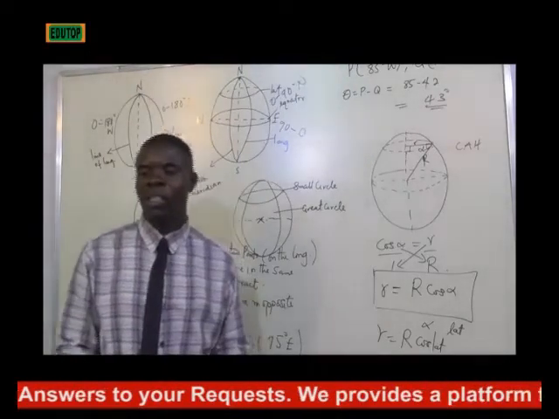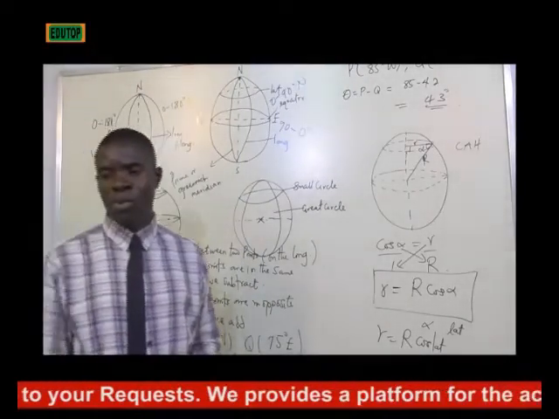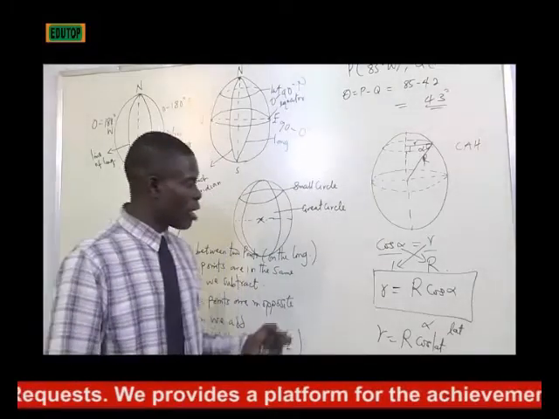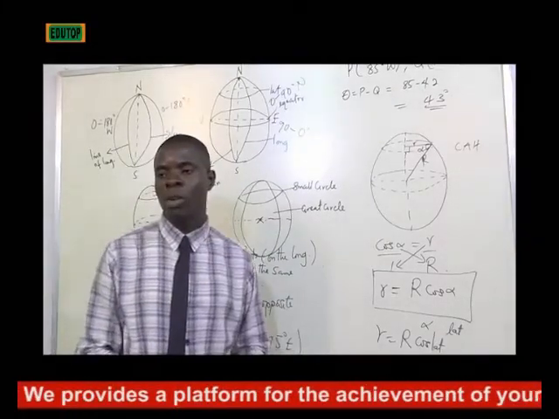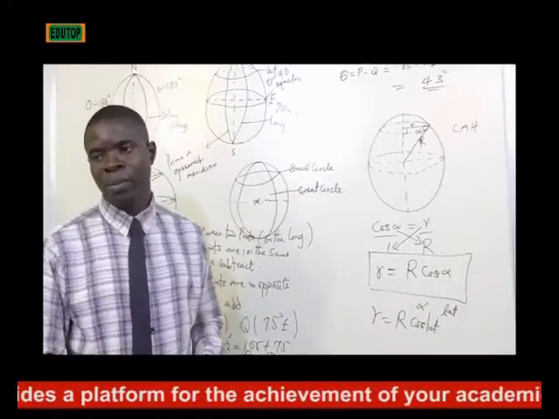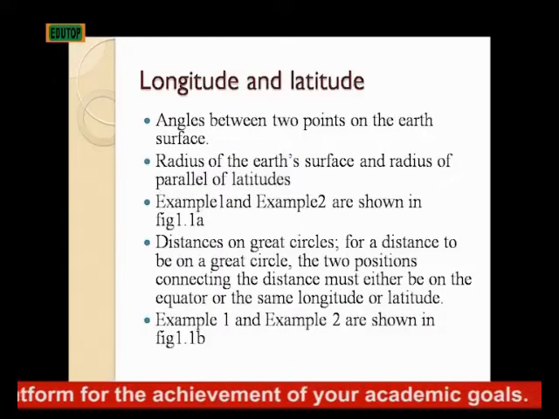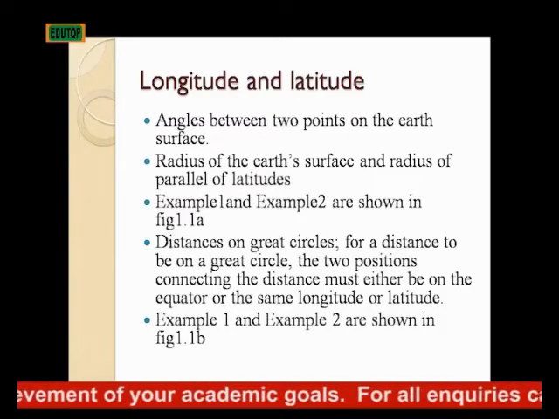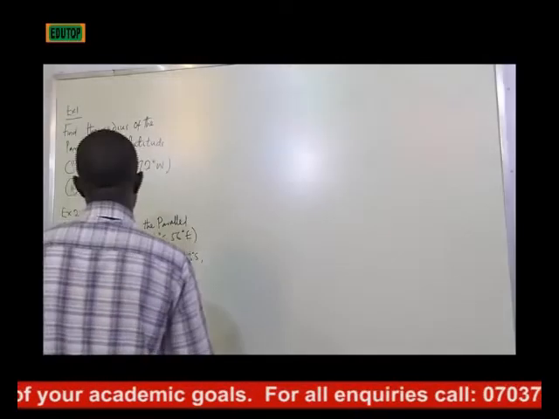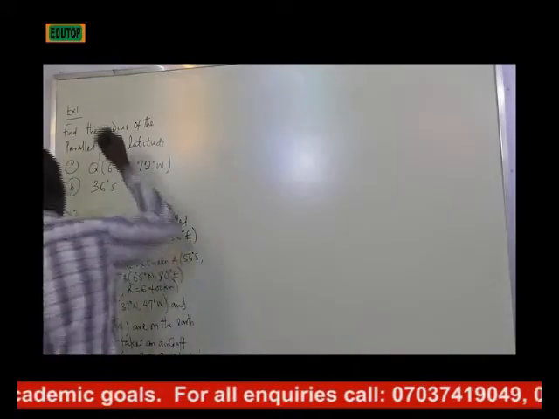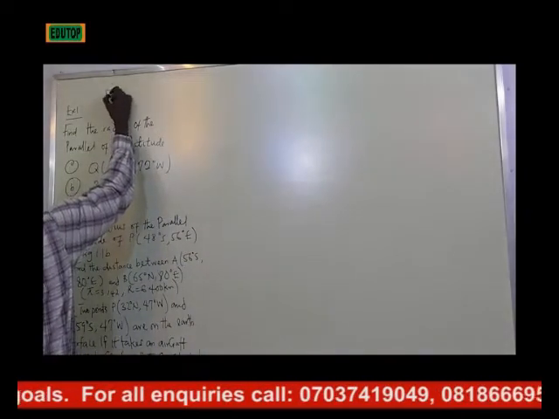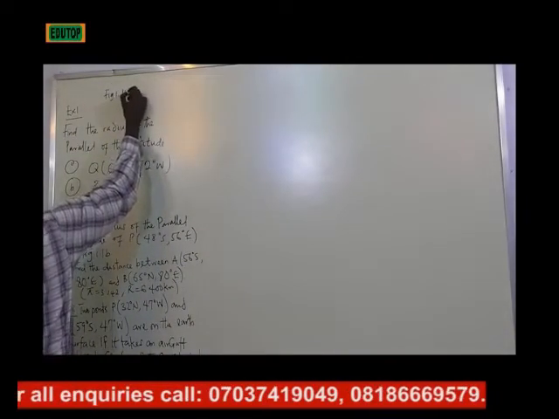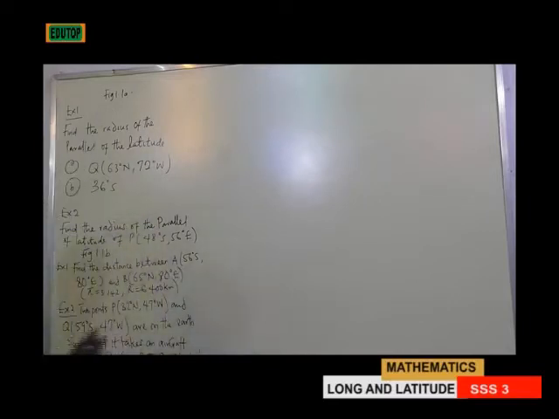So let's see some examples to justify the concept of what we have discussed. Example 1 and example 2 are shown in figure 1.1a. So this is figure 1.1a. Now, find the radius of the parallel of latitude.